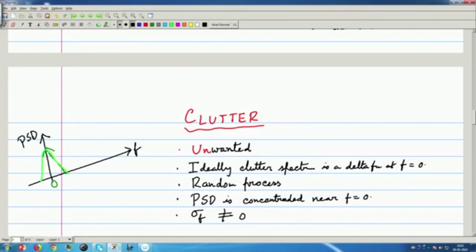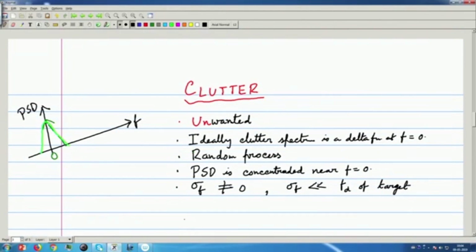But obviously, it is small. I should also say that sigma f is much smaller than the Doppler of the target, the FD of the target. Compared to that, it is much smaller, but it has some value.